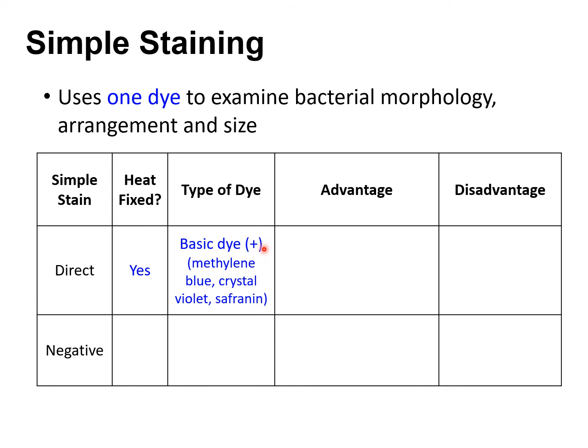A positive dye is going to stain the bacteria cell itself, because bacteria cells are usually negatively charged. And so opposites attract: the negatively charged bacteria is going to accept that positive dye, and therefore it's going to stain the bacteria cell itself.